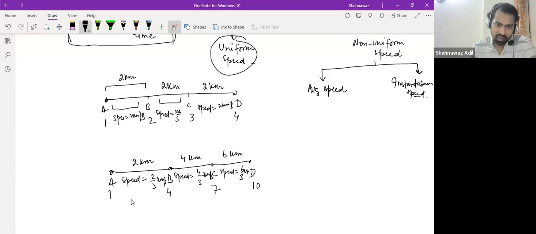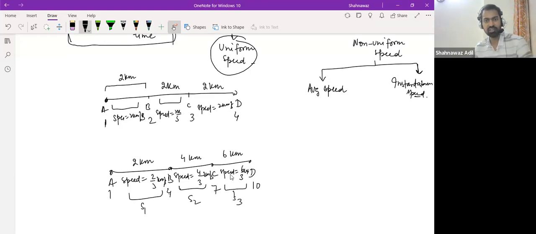So you see that in here I have a different speed. Let's say speed 1, this is speed 2, and then speed 3. So you see that my speed is changing. So this is called the non-uniform speed, whenever a body covers an unequal distance in equal interval of time.